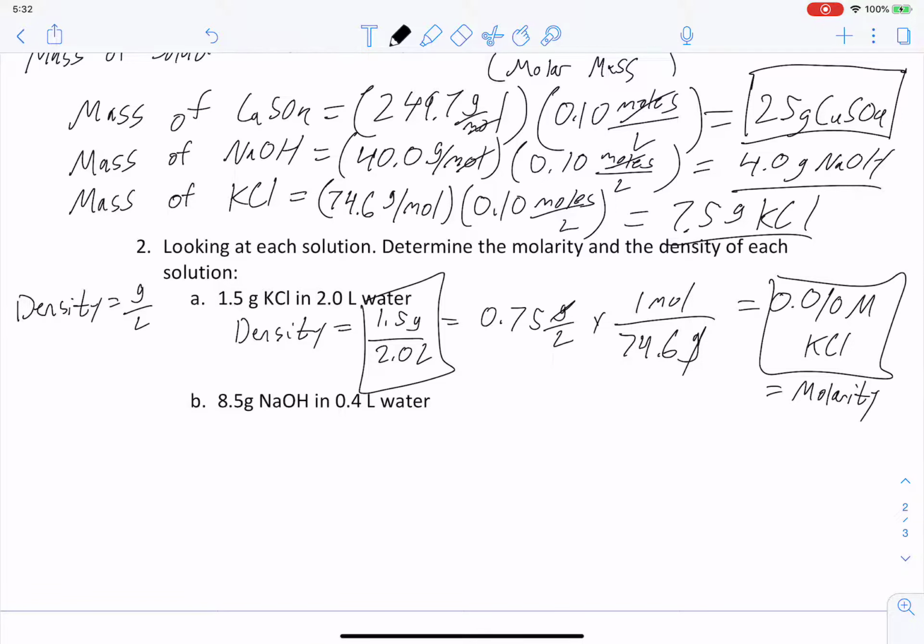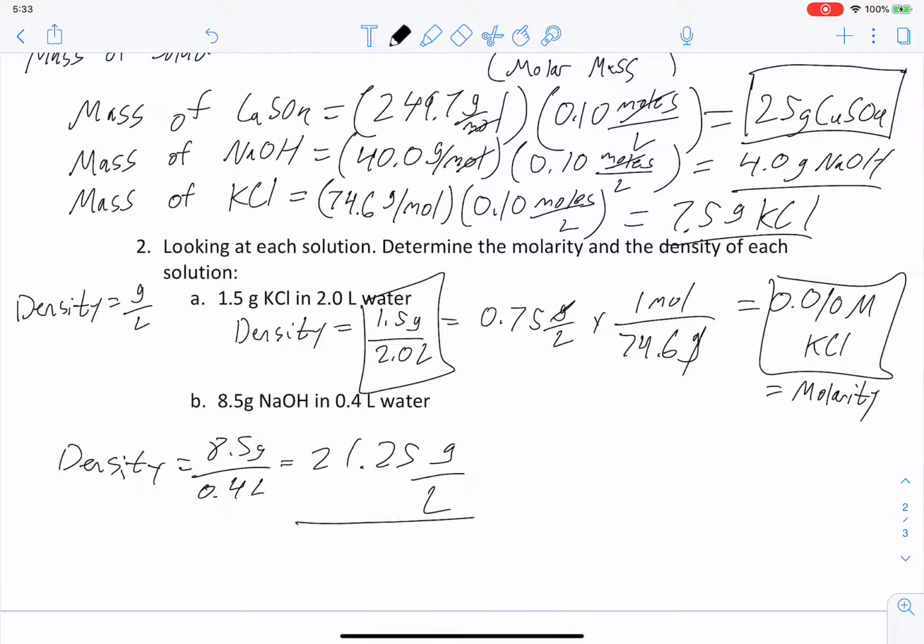All right, the next one: 8.5 grams of sodium hydroxide divided by our volume, which in this case is 0.4 liters of water. If we do that, we should get 21.25 grams per liter. That's our density.